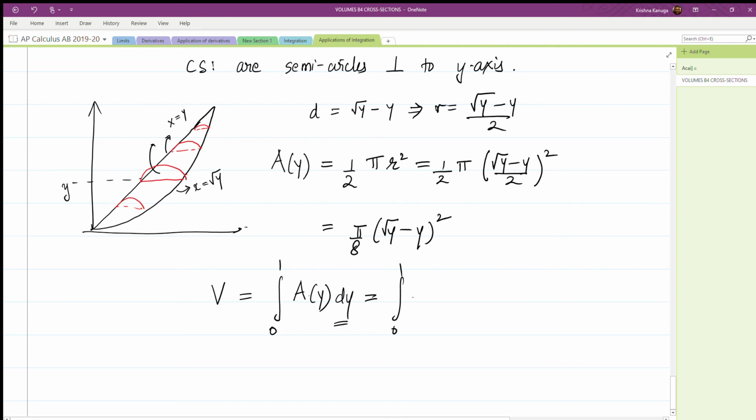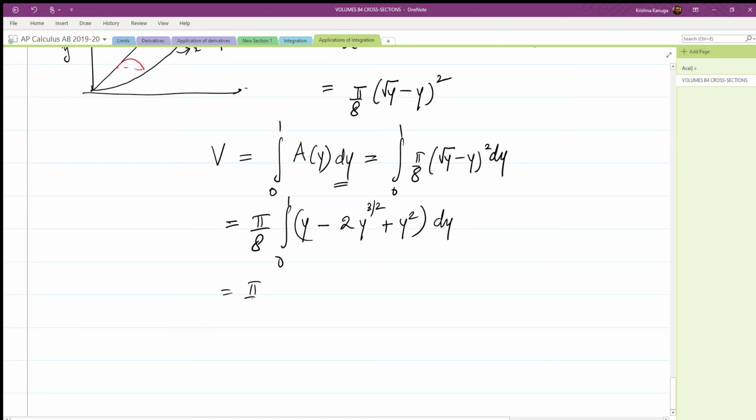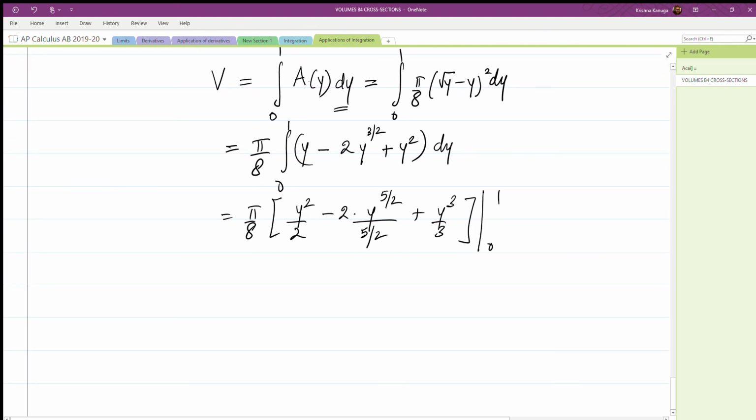Now we can plug this all back in. We get the integral from 0 to 1 of pi divided by 8 times square root of y minus y, the whole square, dy, which equals pi over 8 times the integral from 0 to 1. First we need to square before we do anything else, so you get y minus 2 times y square root of y, which becomes y to the 3/2, plus y squared, with respect to y. We can now integrate this. We get pi over 8 times y squared divided by 2, minus 2 times y to the 5/2 over 5/2, plus y cubed divided by 3, with limits from 0 to 1.